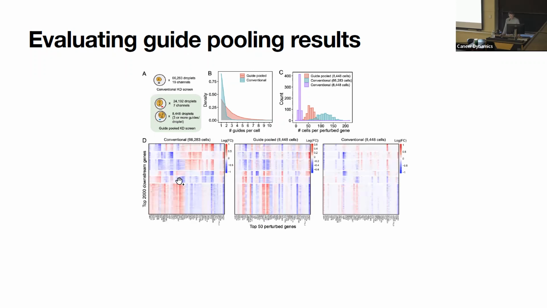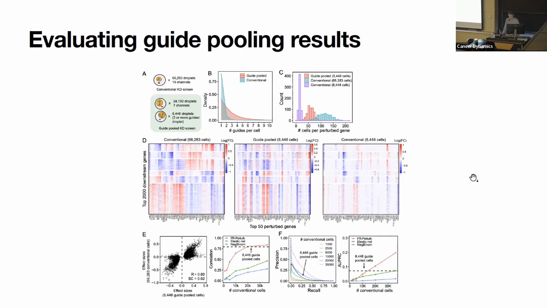So we can do kind of the same thing as before, where we look at this heat map of effect sizes in the conventional data versus the guide pooled data with 8,400 cells. If you take 8,400 cells from the conventional experiment, just qualitatively, it looks much noisier. We can again do these quantitative comparisons here. The correlation is slightly worse, but still reasonably good, I would say.